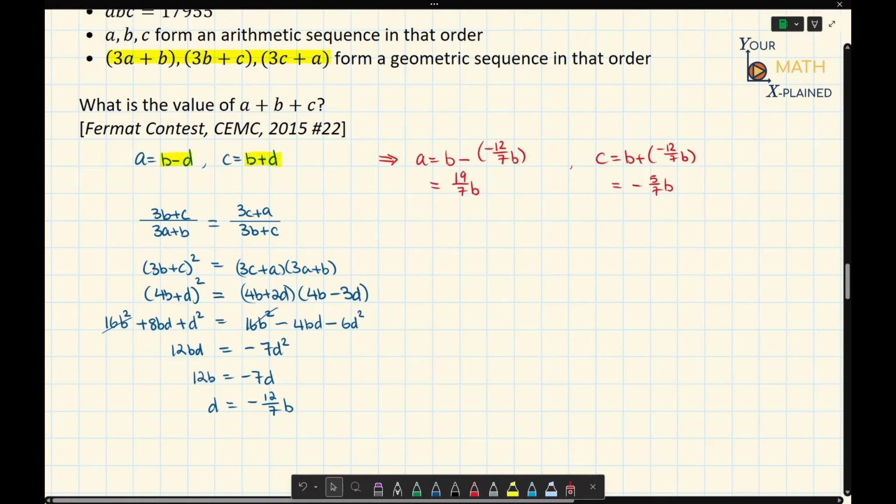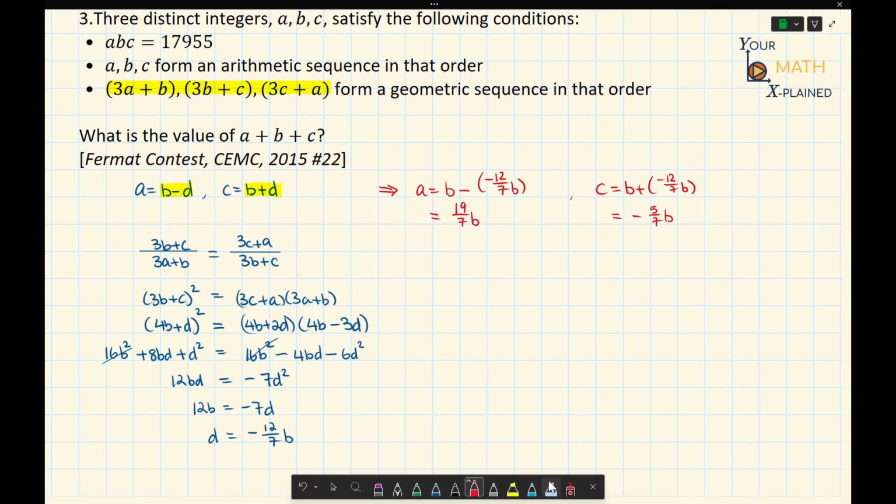And since now we have everything in terms of b, we can substitute this into our first bullet point, which says a times b times c is equal to 17,955. So that means we get 19 over 7 times b, that's our a, times b, times c, which is negative 5 over 7b, equal to 17,955.